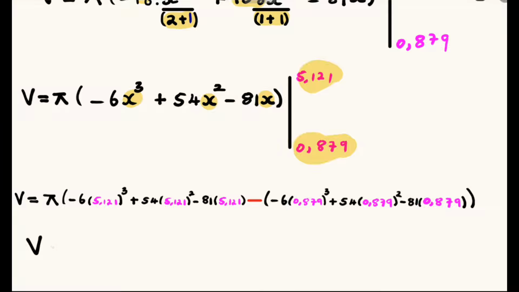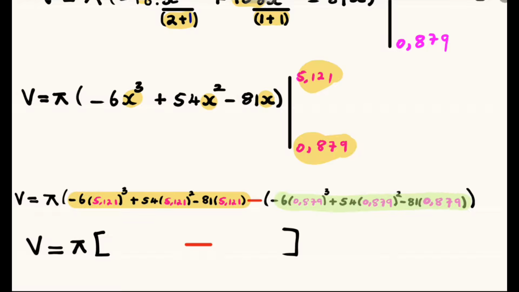V will be equal pi into... So we start by calculating that side first, and we will minus it from that side.